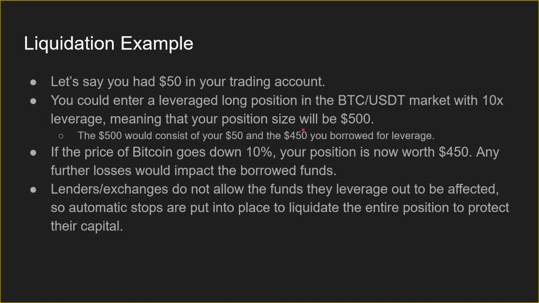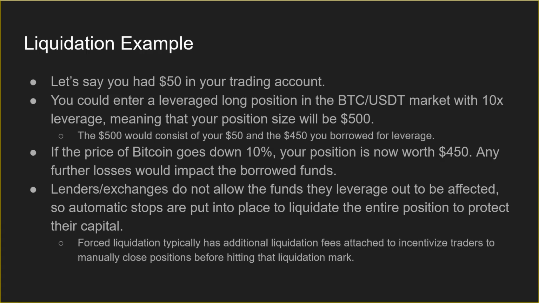Now, lenders and exchanges, they don't allow funds they leverage out to be affected. They're not in the business to lose money. So automatic stops are put into place to liquidate the entire position to protect their capital. Forced liquidation typically has additional liquidation fees attached to incentivize traders to manually close positions before that liquidation mark.